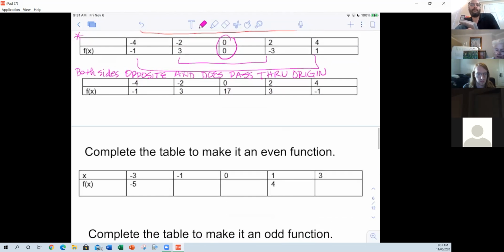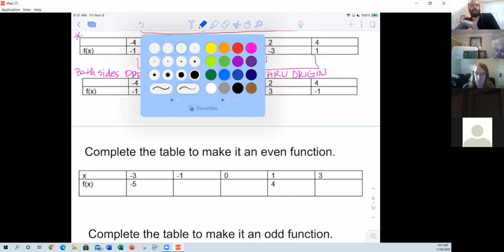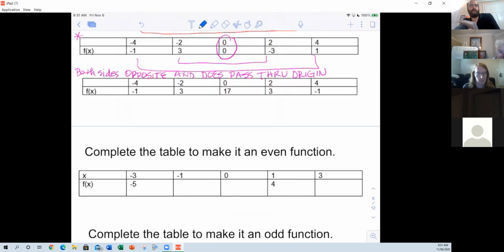And then this last one. I'd say even. It is even. For an even function, it doesn't have to pass through the origin. Both sides just have to be the same numbers.